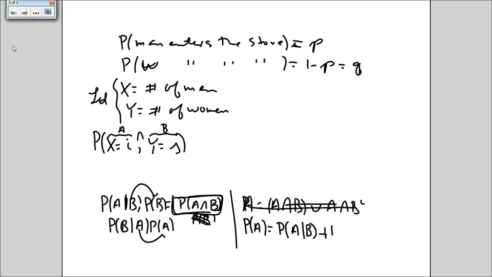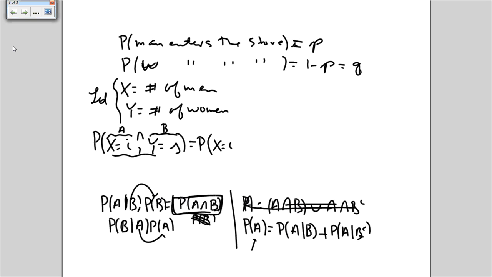The chances that you have A can be partitioned into two pieces: you have B or you don't have B.